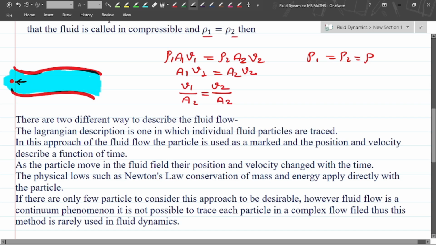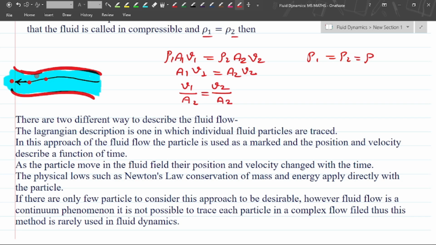I say the particle moves in this such manner. At a time t, the particle is here, at time t plus delta t, the particle is here, at time t plus 2 delta t, the particle is here. So we will research only the individual particle. One by one we'll discuss all the particles of the fluid. So this approach is known as the Lagrangian description.